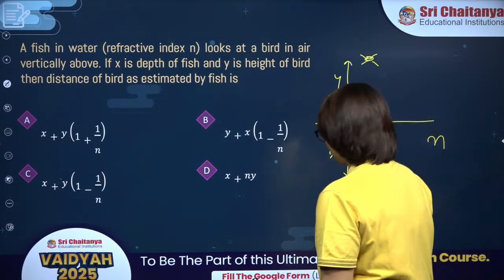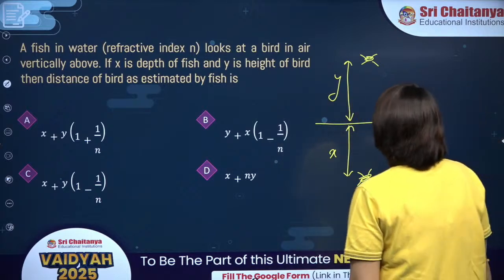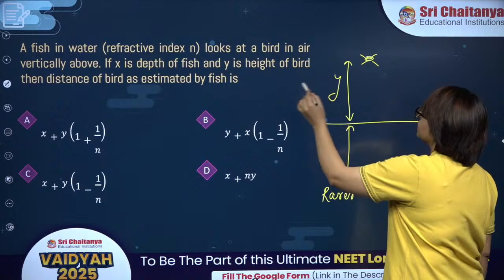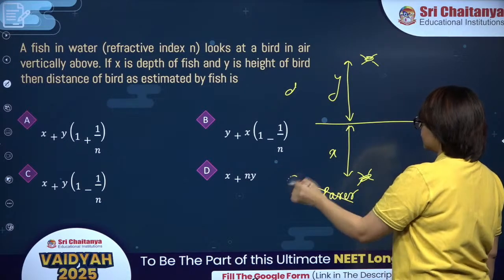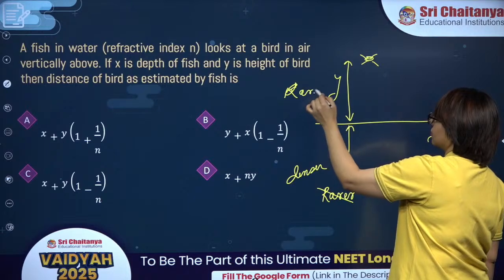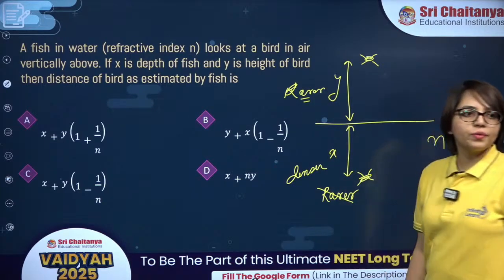Here you have to apply the concept of apparent height. The observer is in the denser medium, this is water, and the object is in the rarer medium. Option B, well done.